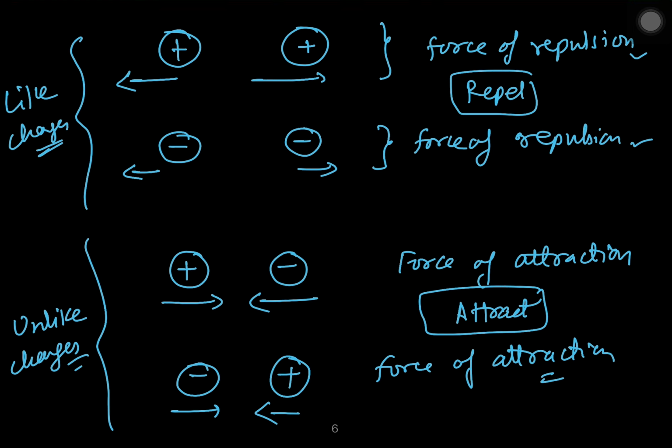So these are the basic properties of electric charge. I hope it is clear what the basic properties of electric charge are. We have discussed the additive nature of electric charge. We have discussed the quantization, that charges always exist in integral multiples of the fundamental charge. We have discussed the conserved quantity according to the law of conservation of charge, that charge can neither be created nor be destroyed but can be transferred from one body to another, like we have seen in the case of glass rod and silk cloth.